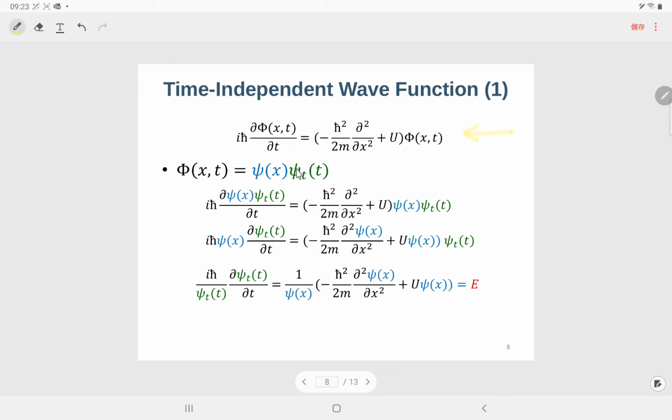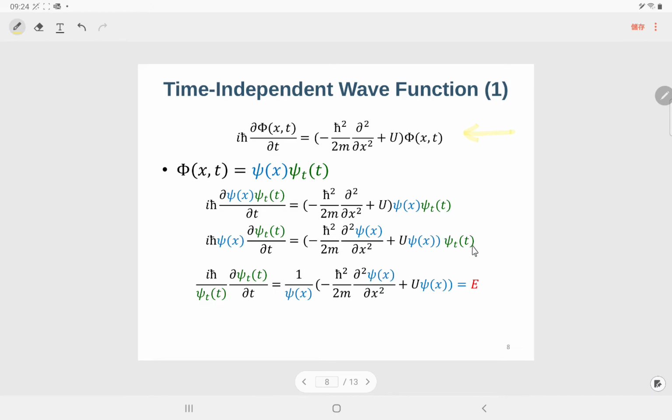So we substitute this one into here. On the left side, we take the partial derivative with respect to time. So this is the constant, so we can factor it out. And for this one, we take the second derivative with respect to x. So this is the constant in time. So we have phi x here, and then phi t is isolated.